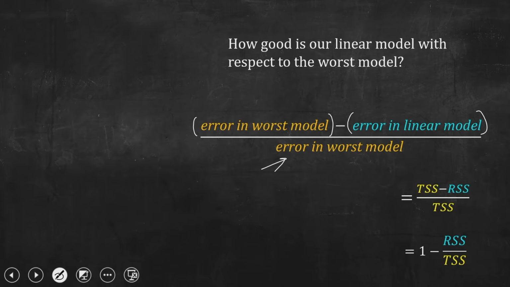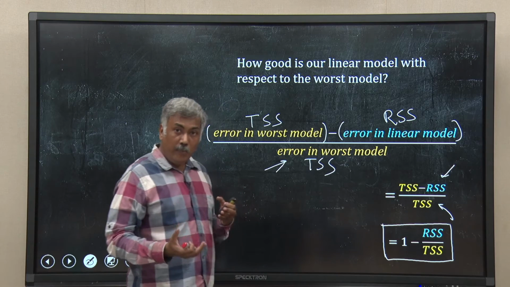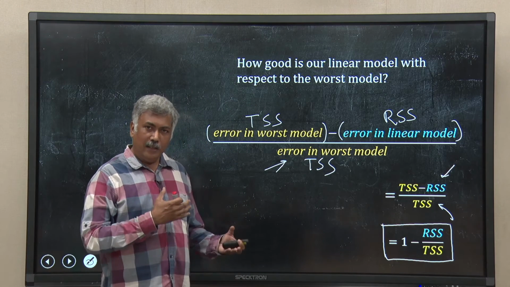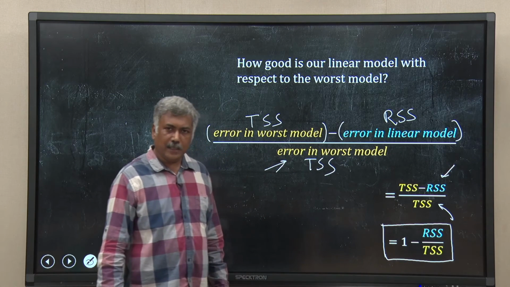So, what is the error in the Coarse model? This is TSS, as we discussed two slides back. What is the error in the linear model? That is RSS or SSR, right? And the denominator is TSS. So, I get TSS minus RSS divided by TSS, and if you do simple rearrangement, what I land up with is a parameter which I will use as a measure of how good my model is over the bad model, that is equal to 1 minus RSS by TSS.